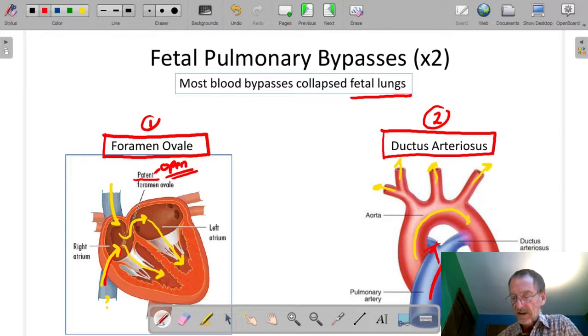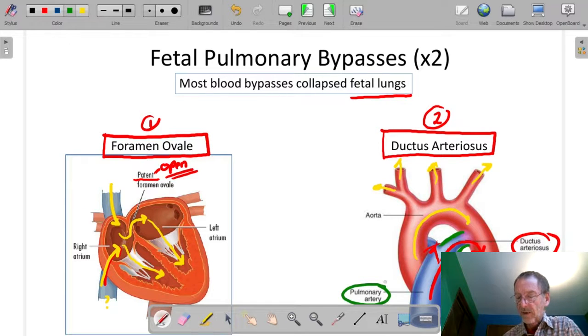And the blood then flows out through this ductus arteriosus into the aorta. It is this little piece of vessel that connects the pulmonary trunk to the aorta. So it's bypassing the lungs. Instead of going to the lungs, it goes to the aorta. Okay? So practice that also.